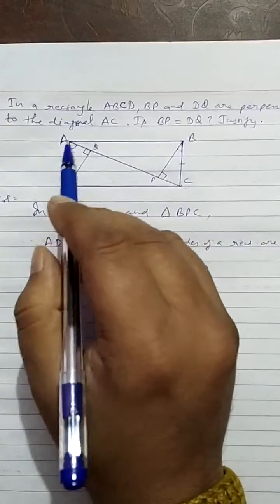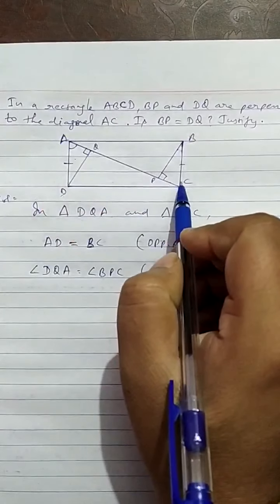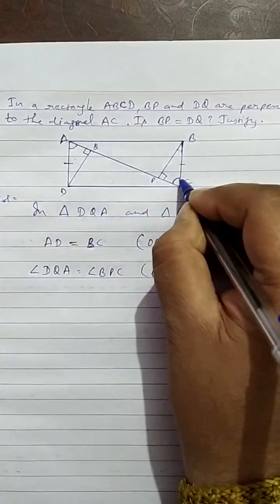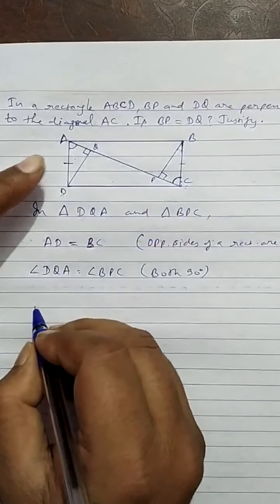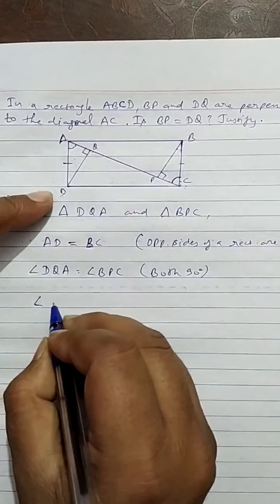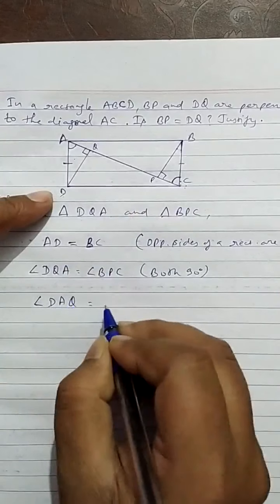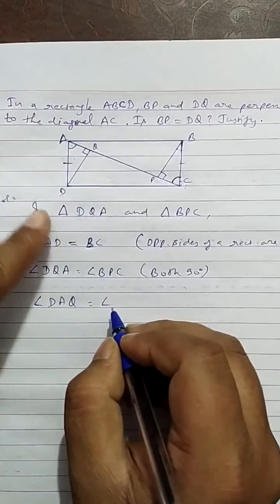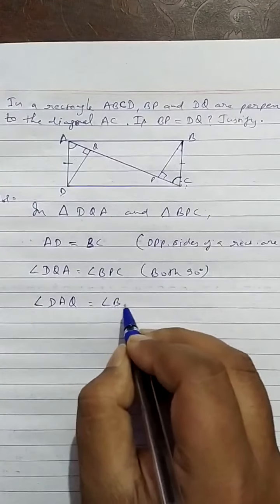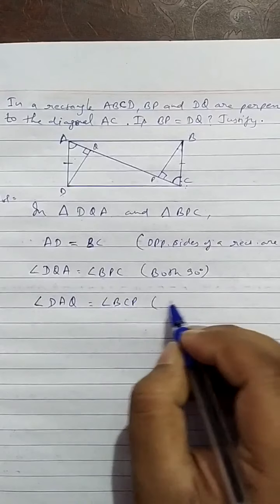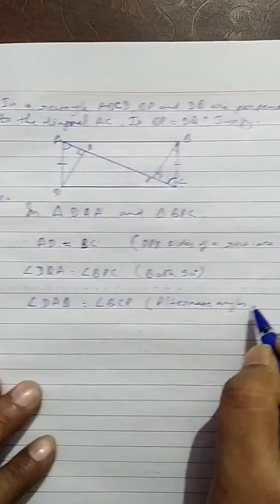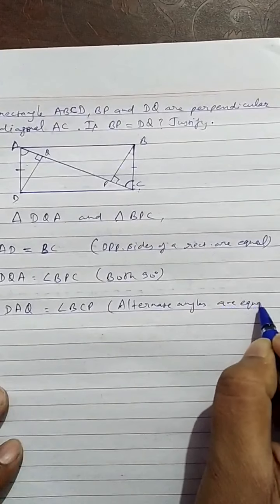So angle DAC will be equal to angle ACB, or we can say that according to these small triangles, angle DAQ equals angle BCP, because alternate angles are equal.